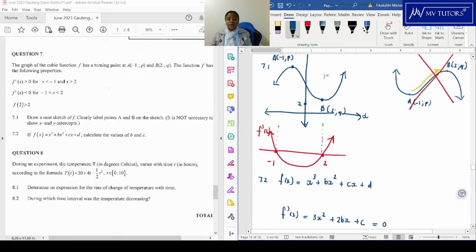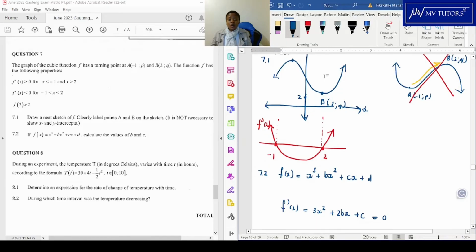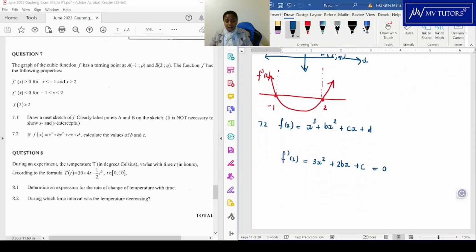Okay, so firstly, I know the x coordinate where I have -1. All right, so I can substitute that. So everywhere where there's x, I can put in -1. Okay, and that's 0. So I know that this is 3 minus 2. No, I'm missing something. B is missing.